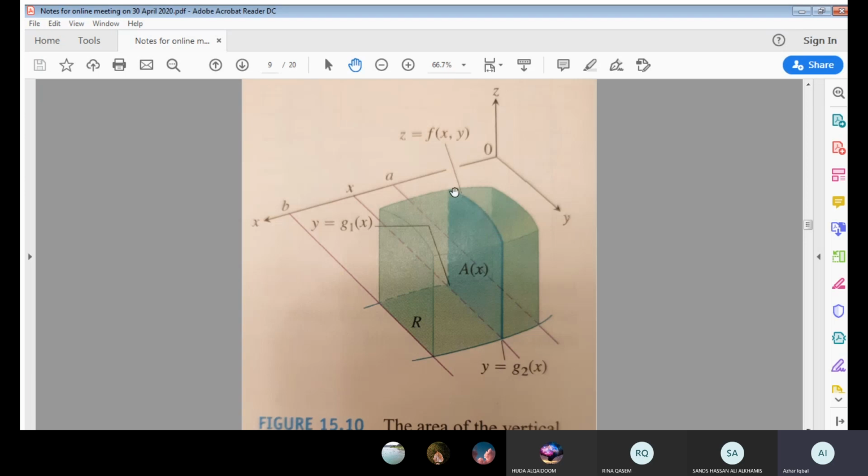Remember that this cross-sectional area from the top is bounded by the value of the function, and this is a vertical line parallel to the z-axis, and here is another vertical line parallel to the z-axis, and this line is defined by the coordinate x in the xy plane. So we now need to calculate this blue area, which is A of x.